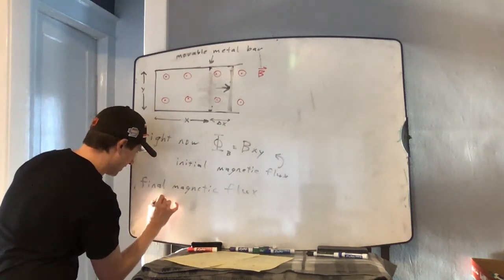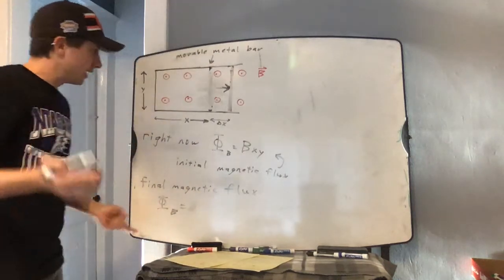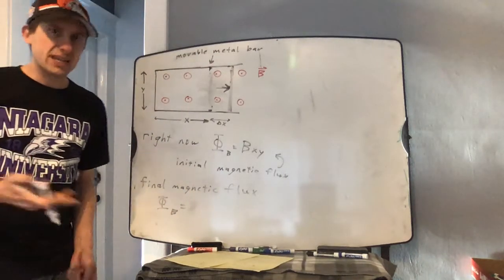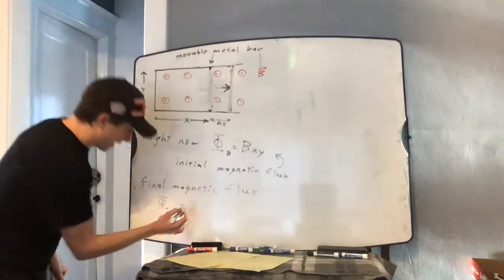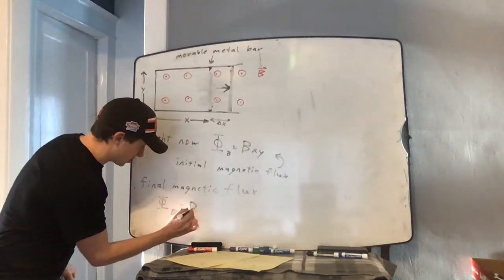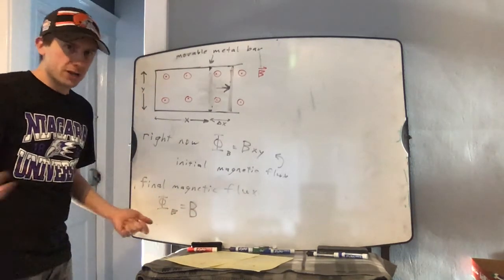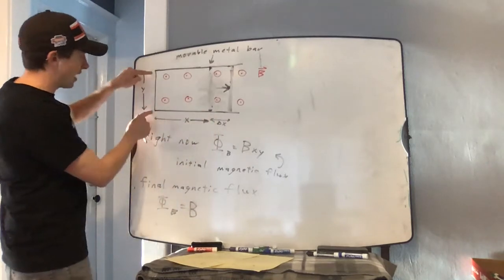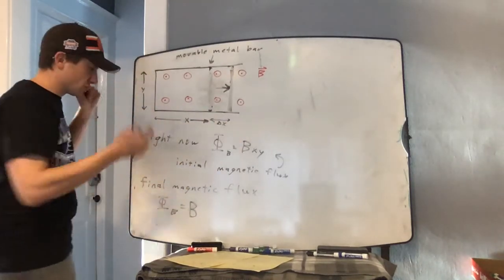I could write that as phi B final is equal to, okay, again we have B times A times the cosine of theta. B is going to be the magnetic field. That never changed in this problem. The area has increased. The area used to be x times y. Now the area is x plus delta x times y.